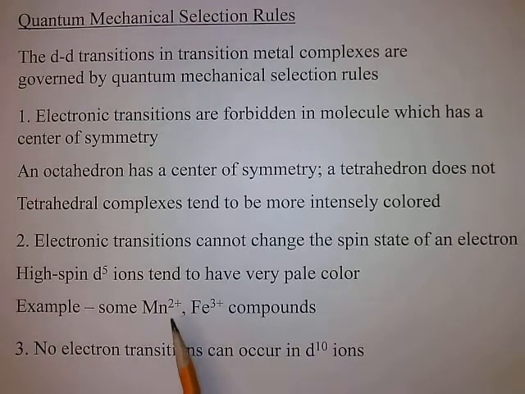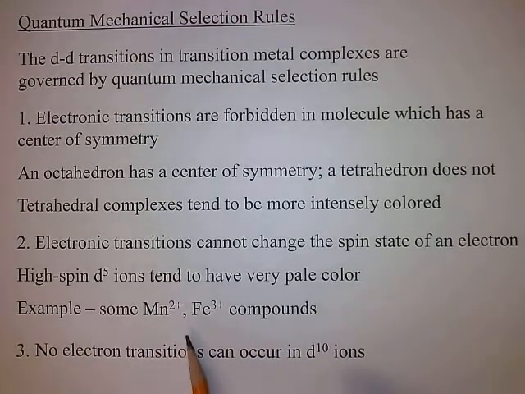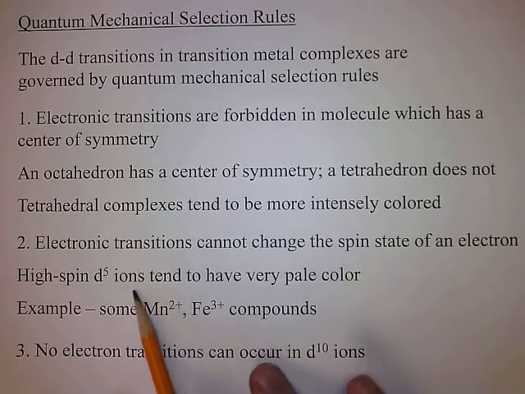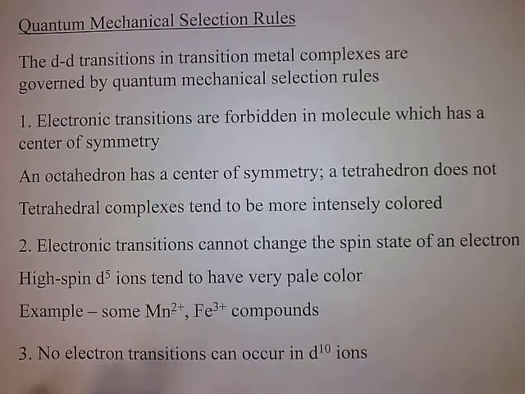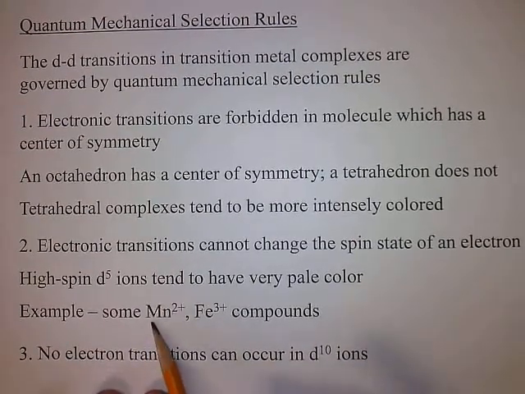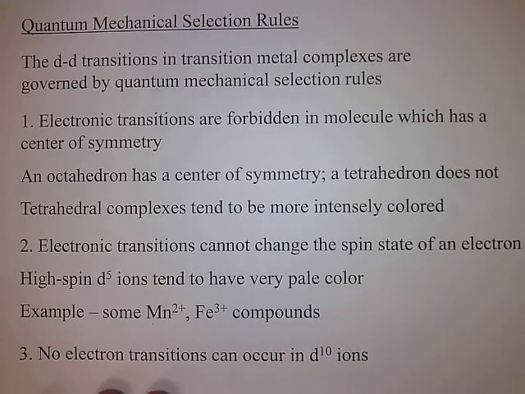So, for example, some manganese(II) compounds and some iron(III) compounds have very pale colors. Manganese acetate is pale pink in color. The color is so pale, even in a solid, that you would have to hold it against a white background to tell that it's colored at all.